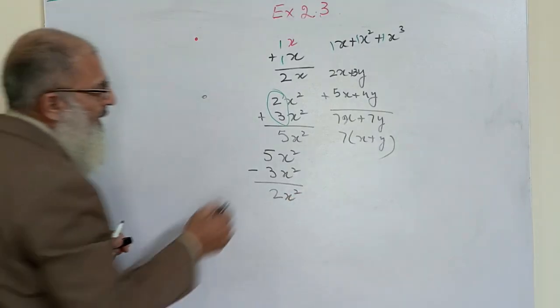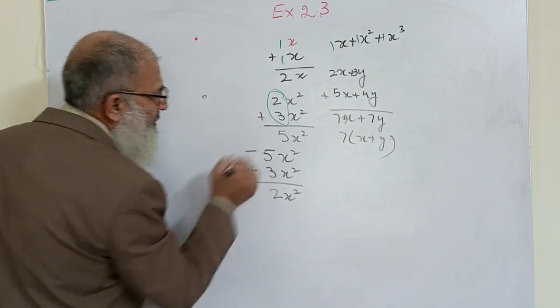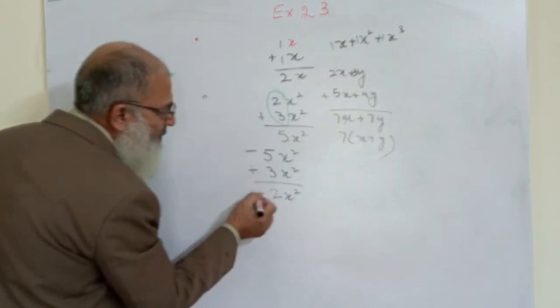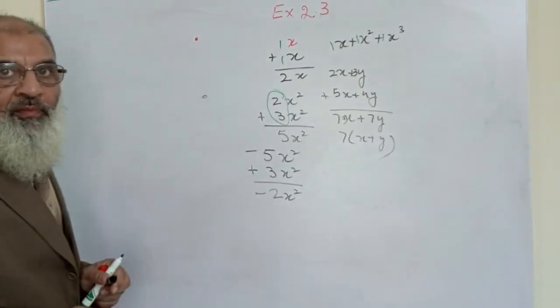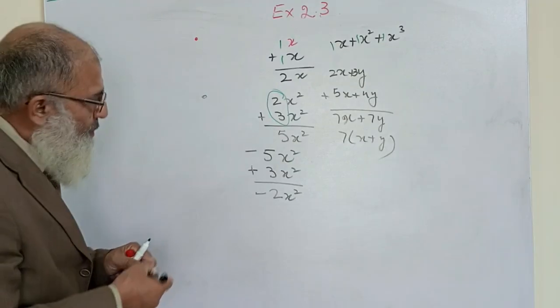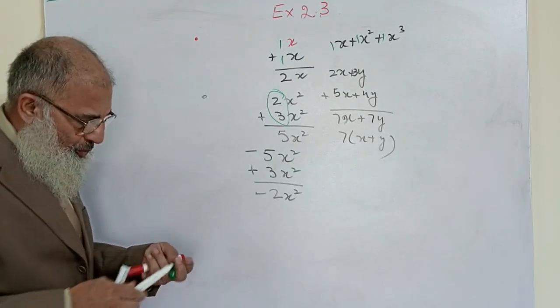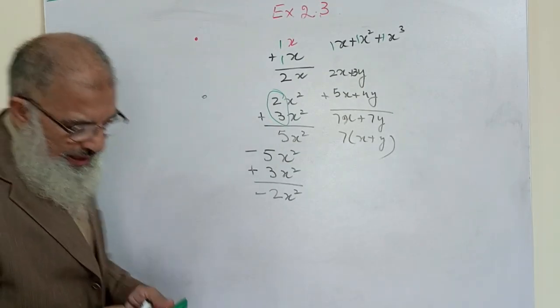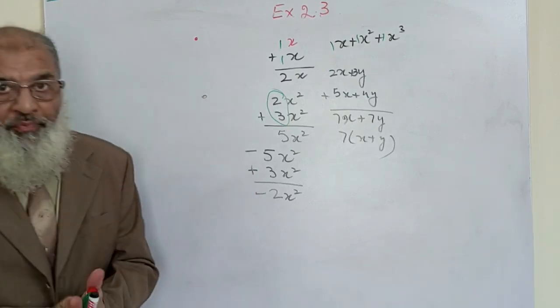You see, and if it is like this, then it will become like this. Okay, so this was the one general rule of the addition and subtraction of algebraic expressions.